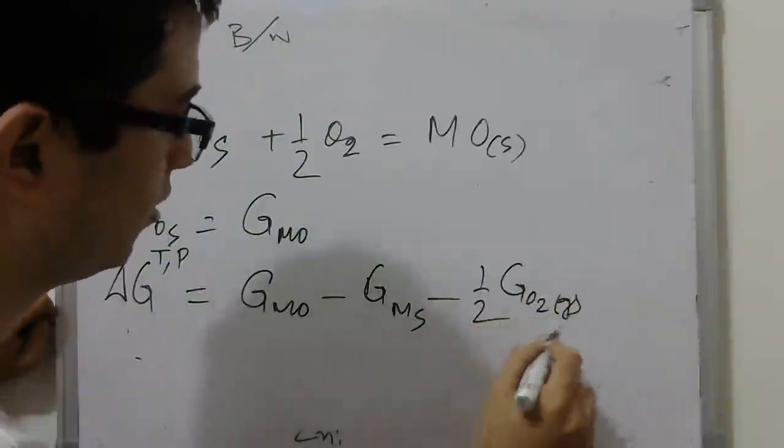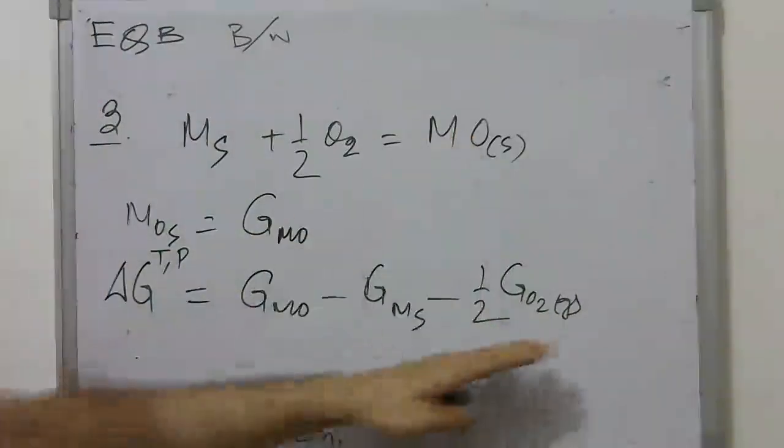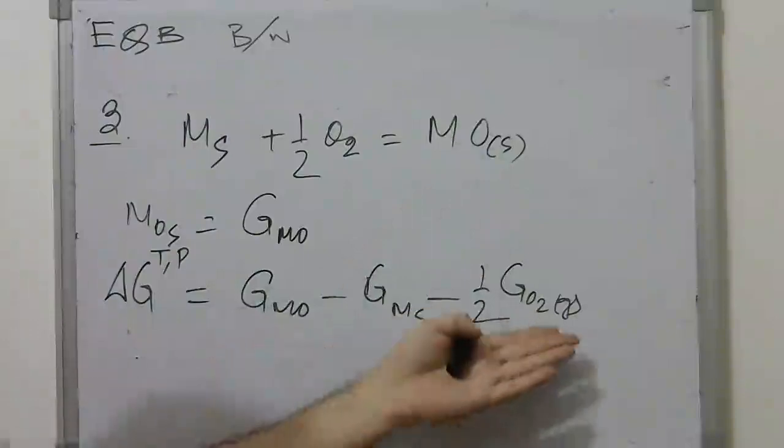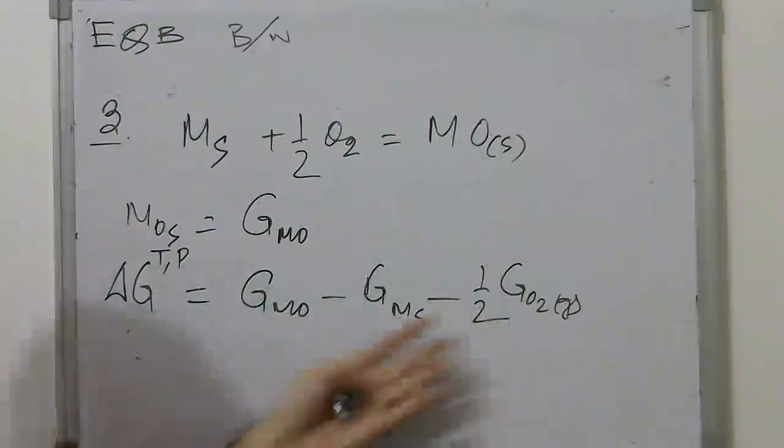It's a gas, right? So this is the free energy change: product minus the reactants. The product is MO solid, the reactants are MS solid and O2 gas. So you subtract, you get the change.